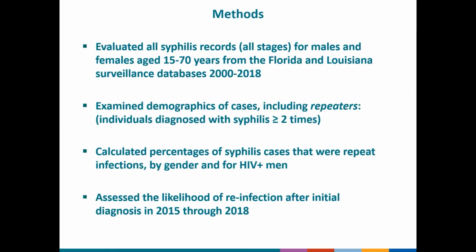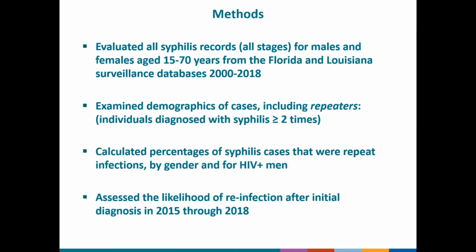We evaluated all syphilis records, all stages, for males and females 15 to 70 years of age, reported in Florida and Louisiana from 2000 through 2018. We examined the demographics of cases, including repeaters. And for our study, a repeater was an individual that was reported with syphilis 2 or more times between 2000 and 2018.